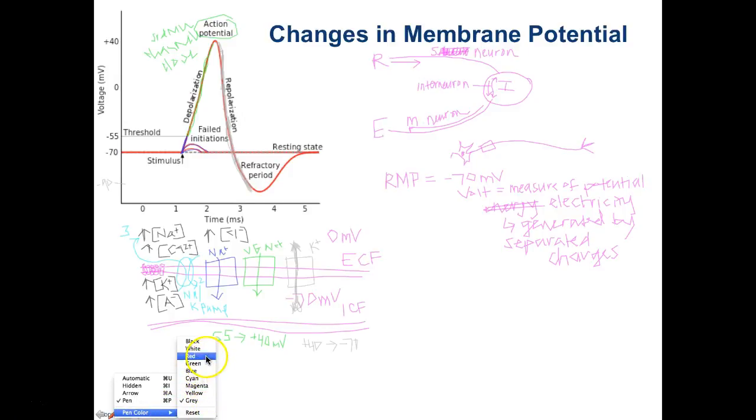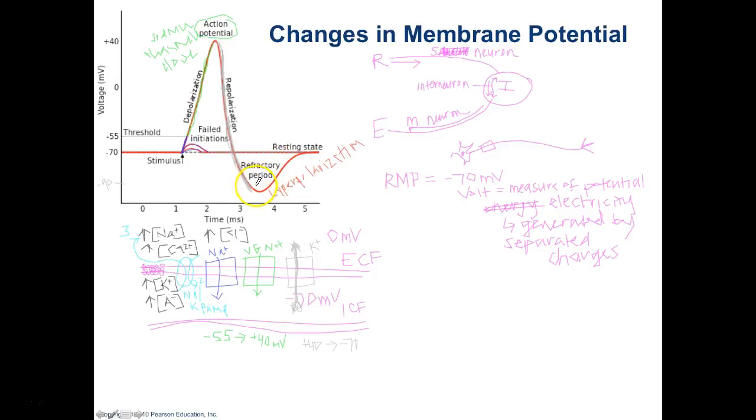This is called hyperpolarization. Hyper, like you're really hyper or excessive, polarization. And this is also known as the refractory period.